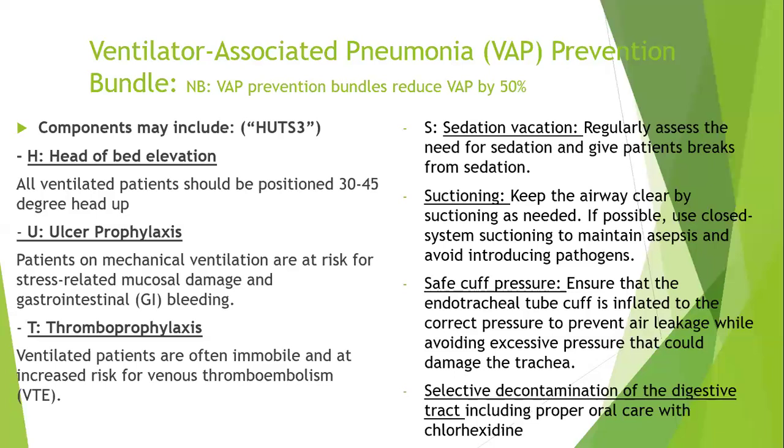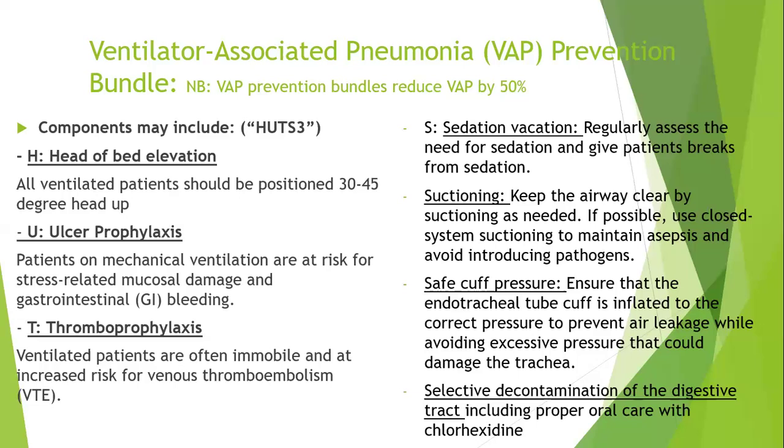Suctioning, preferably closed system suctioning to maintain asepsis, is crucial, especially for the ventilator-associated pneumonia bundle. Safe cuff pressure, all right, ensure, many of us have a pressure manometer that we can use to constantly monitor our cuff pressure, especially the cuff of our ETT or tracheostomy tube.